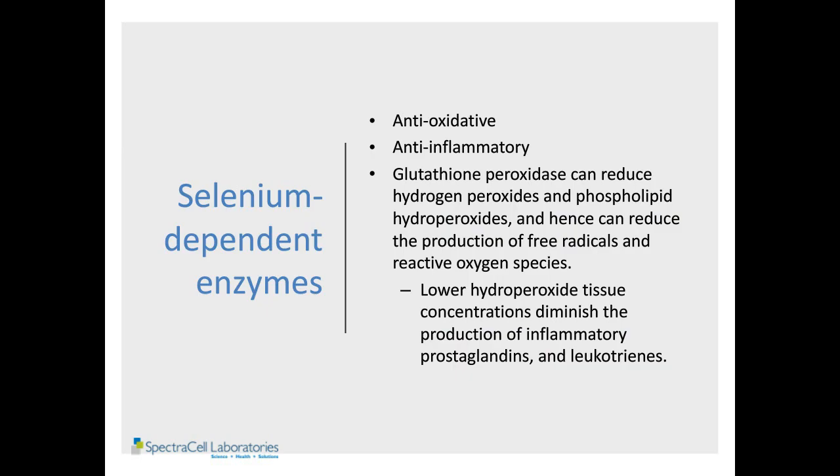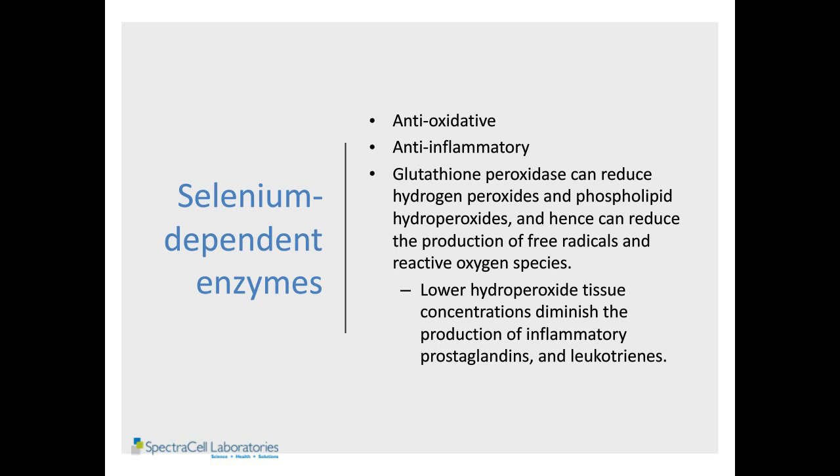So what are some of the properties of selenium, or relationships with selenium, that actually can help us in this aspect? One, we know it's a very strong antioxidant. Two, we know it has anti-inflammatory effects. You can see the strong relationship with glutathione peroxidase, which, of course, shows these benefits.